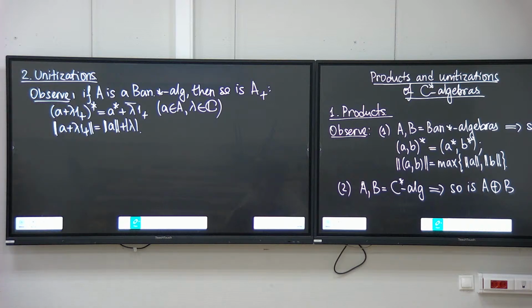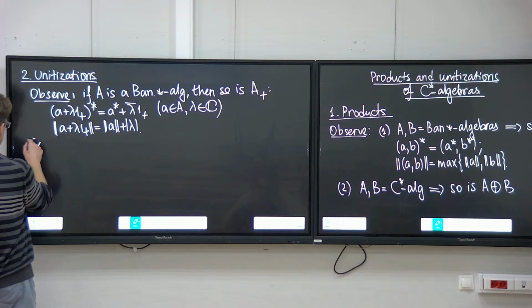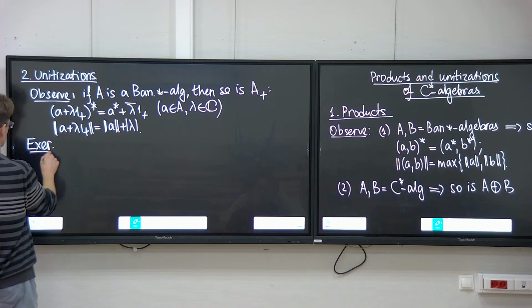This is very easy. Now what happens if A is a C-star algebra? It would be reasonable to expect that A plus is also a C-star algebra. But unfortunately this is not the case. This is an exercise for you.